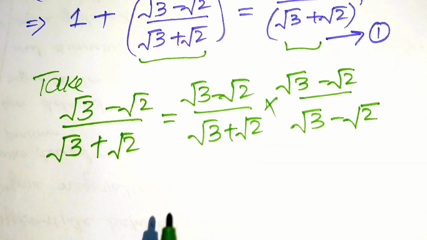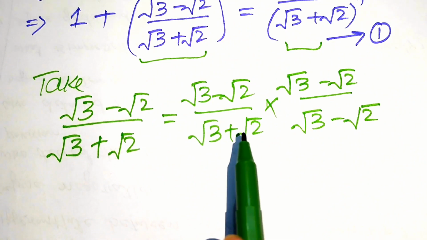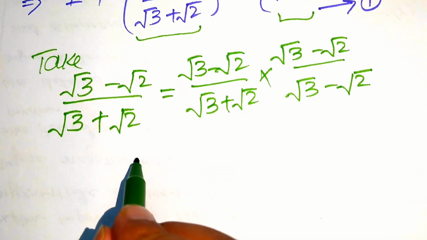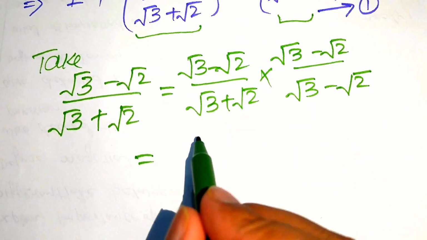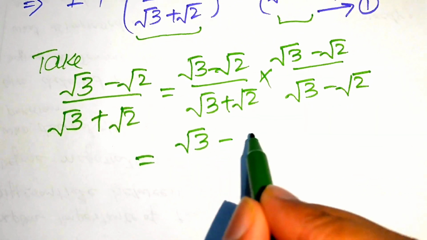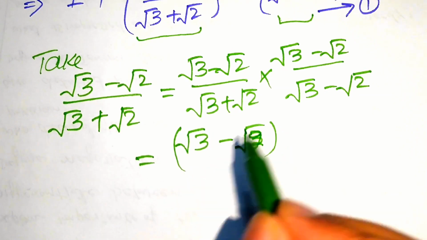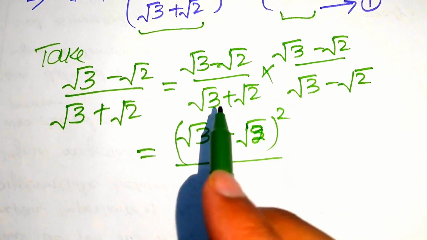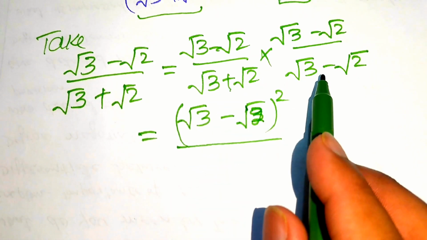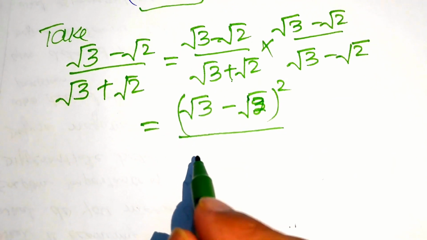Here we just rationalize the denominator, and the numerator terms are multiplied by each other, and we obtain (√3 − √2)^2 divided by, we have (a + b)(a − b), so we use this famous identity.